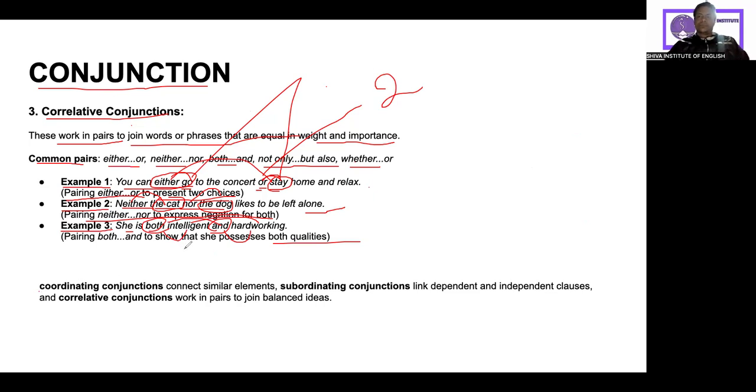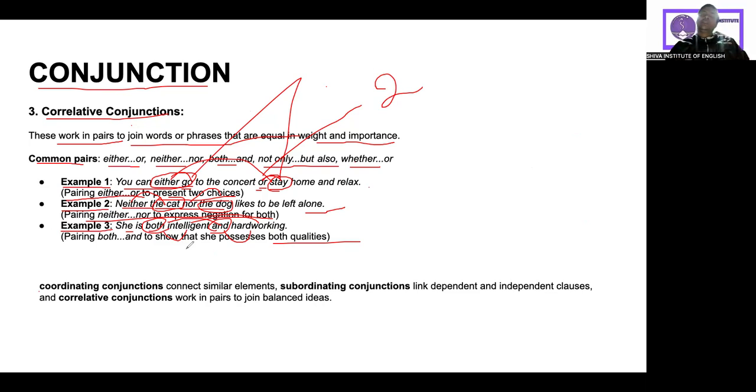Sir, these pairs are placed in certain parts of the sentence. Like, if either is before the verb, then or is also before the verb. And neither is before the noun, that's why nor is also before the noun. But it is not compulsory that neither is used only before the noun.